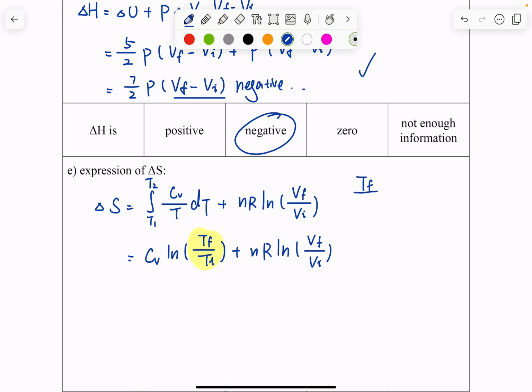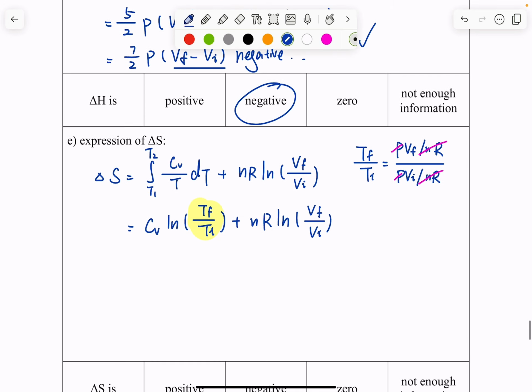T final over T initial equals PV final over nR divided by PV initial over nR. So these terms cancel out, they're all constant. We have T final over T initial effectively equal to V final over V initial.